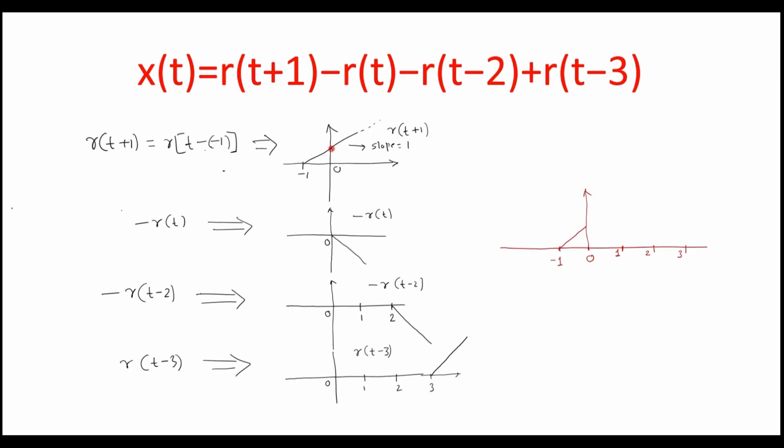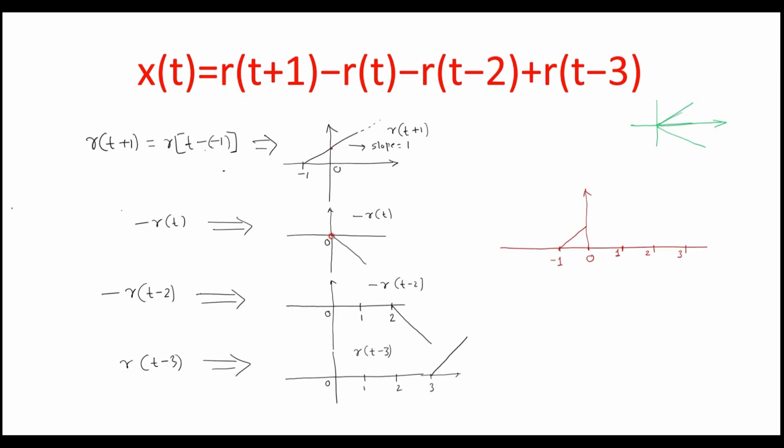So when this ramp signal is added with this ramp signal, suppose this is the one ramp signal, when it adds with the negative ramp signal, then the resulting signal will be this one. Similarly, here we can observe that at t equal to 0 there is a positive ramp signal.